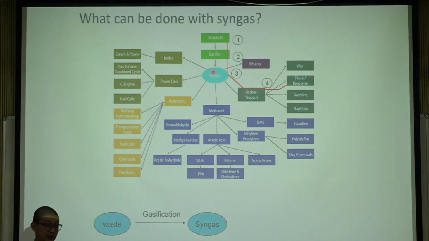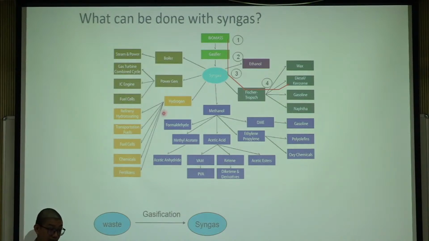First, the syngas can be converted into methanol. The syngas can also go directly through generators and boilers to produce steam and power to generate electricity. It can go through the genset, the internal combustion engine, or your fuel cell.